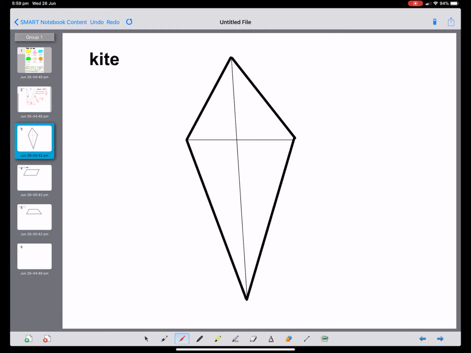Okay, so let's have a look at another shape, a kite. Now, a kite has two pairs of equal sides. And the diagonals of a kite intersect at right angles, and they cut the kite up into two congruent triangles. Let's call this triangle 1 and triangle 2.